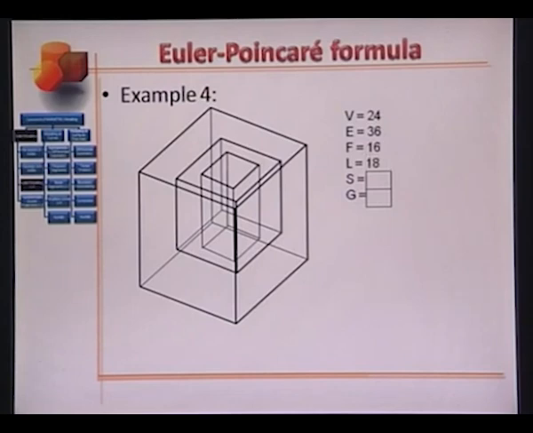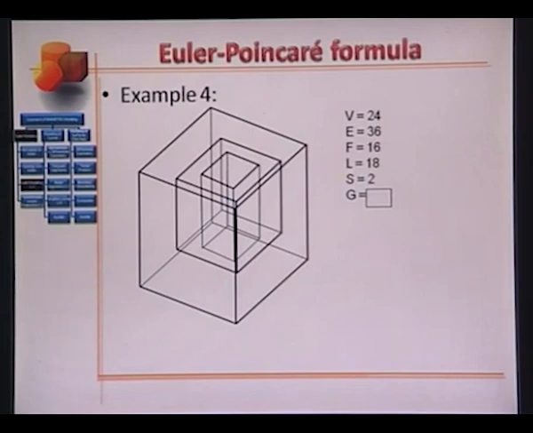What would be the shell value? Now, if you look at this polyhedral solid closely, there are two bounding surfaces. One that corresponds to the outer cube and the one that corresponds to the two inner blocks, which looks pretty much like a torus. So, the S value for this figure will be 2. What is the genus value?